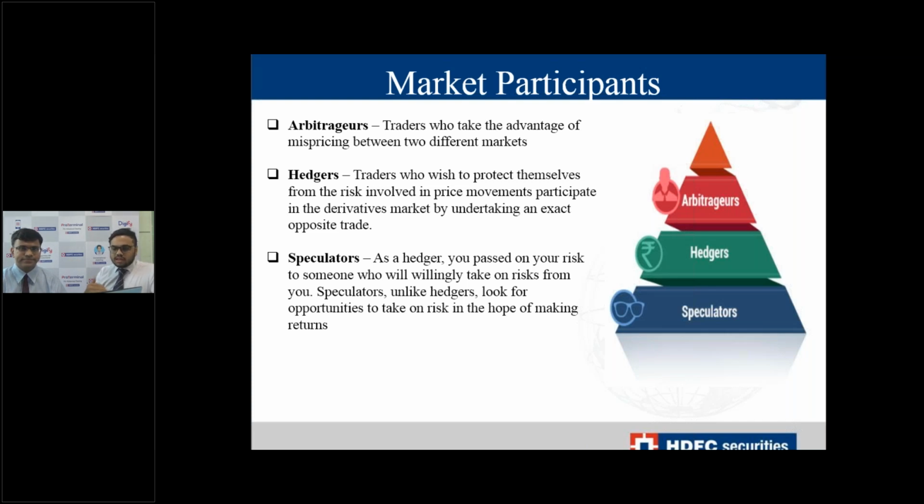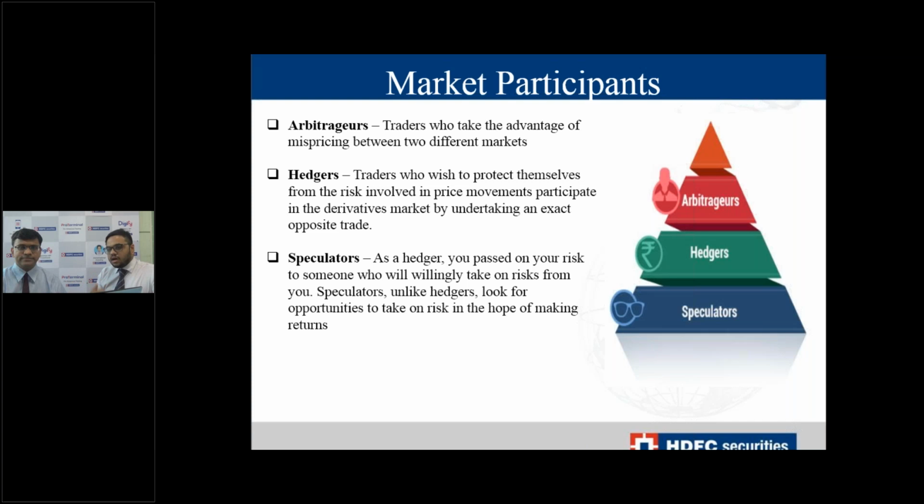Arbitrageurs are the people who take advantage of the difference in price between the spot market and the future market. Suppose SBI is trading at 320 in the cash market and the future is trading at 330. So there is a wide spread between the spot market and the future market.